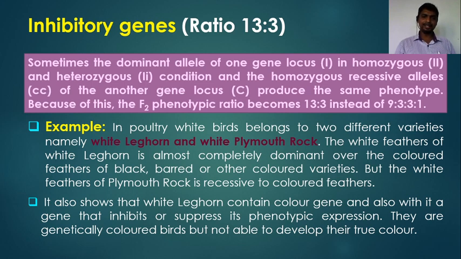They are genetically colored birds but not able to develop their true color because of the presence of the inhibitory gene, the I gene. This is the example of the inhibitory gene.